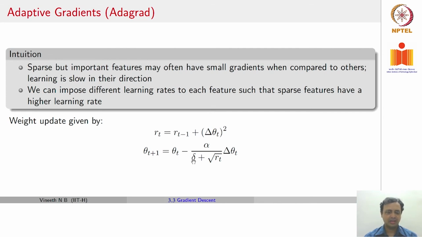We are saying that for one of your weights, if your gradient was large, give it a small learning rate, and for one of your weights, if your gradient is small, then give it a larger learning rate. This seems to fit with the intuition that we had so far, and the nice part now is that because RT is maintained for each gradient or each weight individually, this automatically takes care of changing the learning rate for each weight differently.